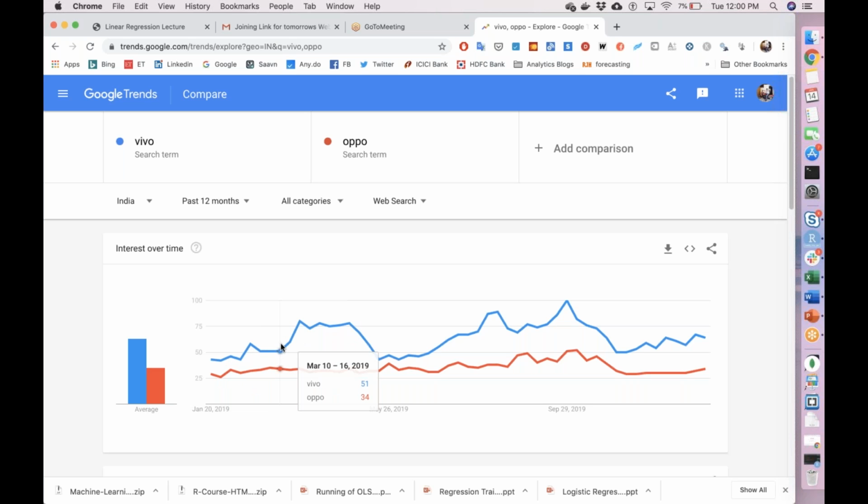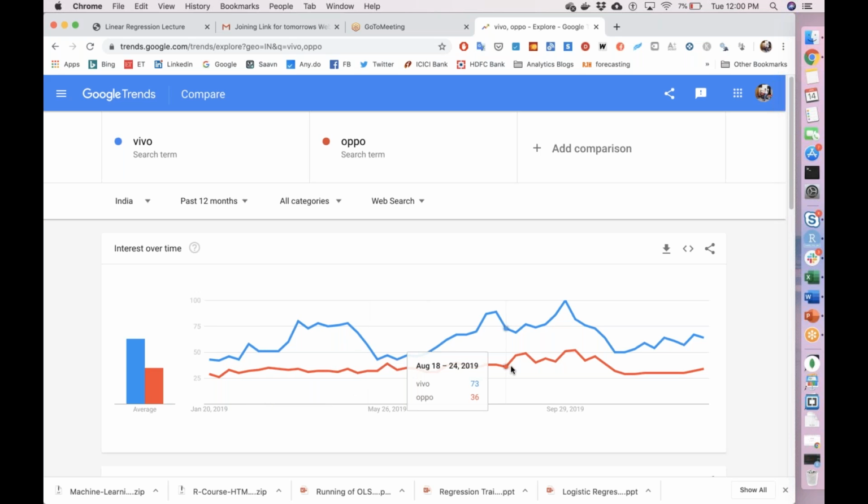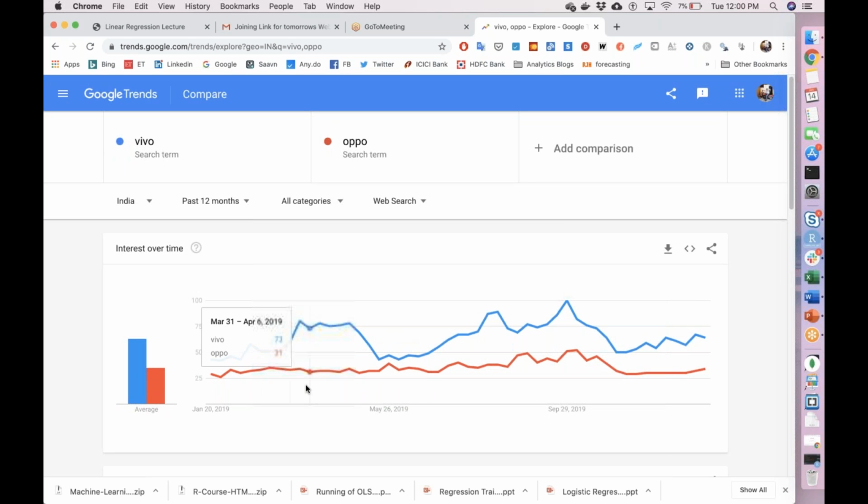And I can see that Vivo has higher searches compared to Oppo, relatively. Even though I don't understand the exact numbers of searches for Oppo and Vivo, in a relative mode I can still say Vivo is more popular than Oppo. So this is a pure example of normalization.